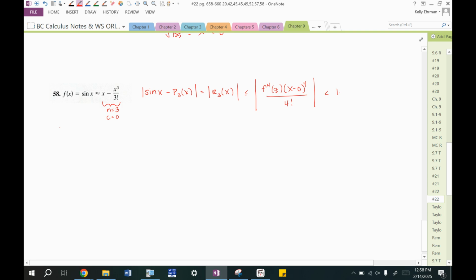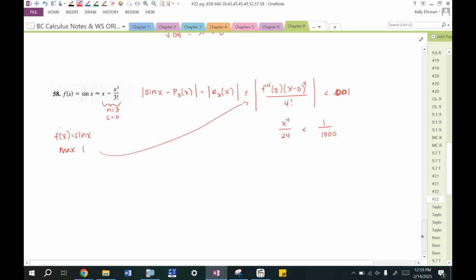We still want it less than 0.001. The reason this is almost the same problem is because f of x is sine. And we just said if we have sine or cosine x, the max derivative will be 1. So I'm going to get right back to saying, okay, put a 1 in here. I have x to the fourth over 4 factorial, and I need that to be less than 1 over 1,000.